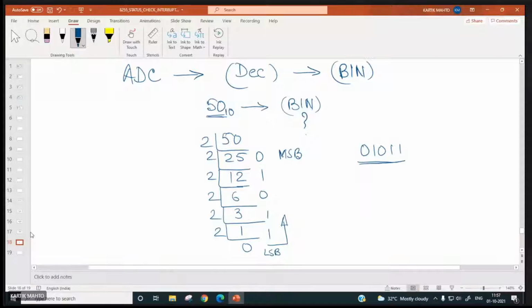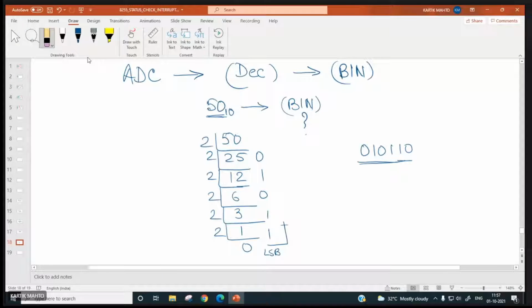So this is your conversion of 50, isn't it? This is correct? It should be reverse. No, sir. Reverse. It is 11010. Sir, MSB is the lowest one. Very good.